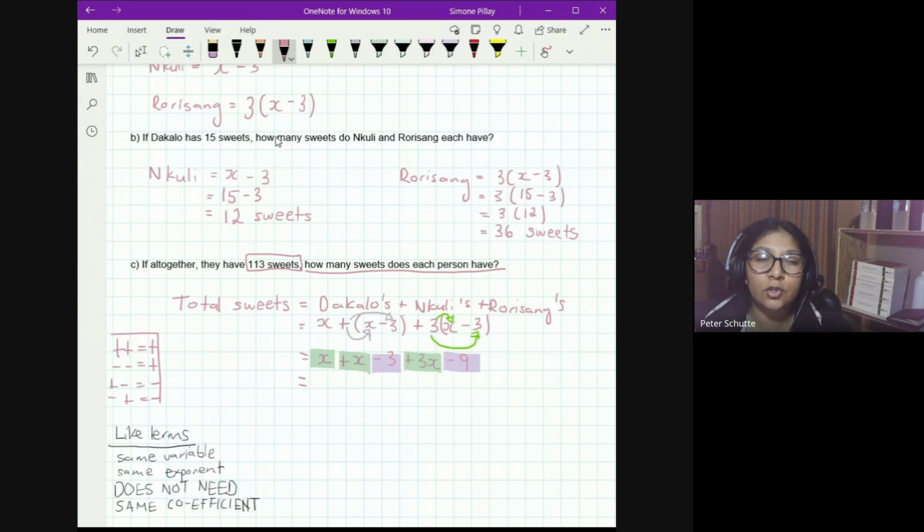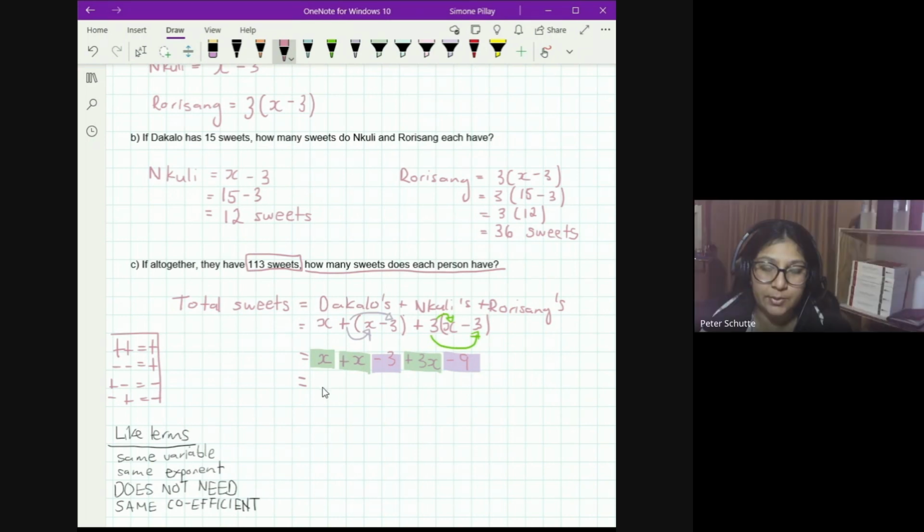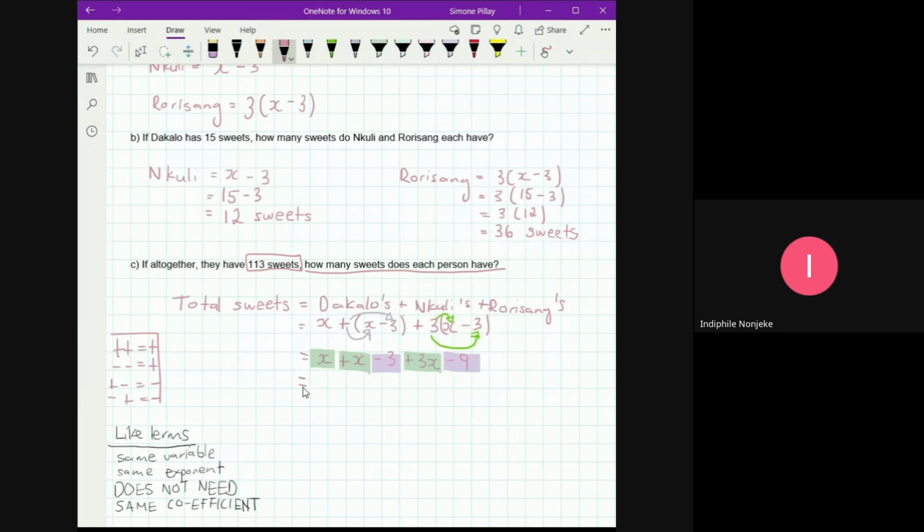Okay, so now that we've highlighted our like terms, can we add them up? Tell me what you get. I get 6x. How did you get 6x? Let me know. Oh no, ma'am, I got 5x because the coefficient of x is an invisible 1, plus the 3, which is 5x, because we can only take one variable.